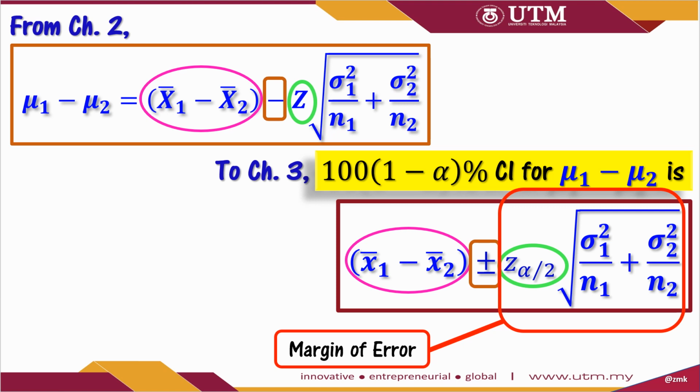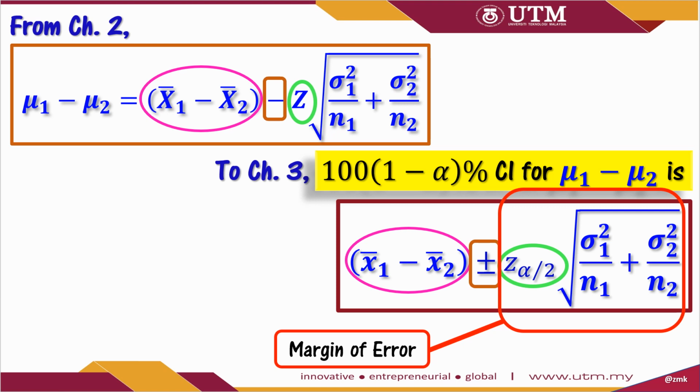We can find out what the margin of error is in constructing the two-sided 100 times 1 minus alpha % confidence interval for the difference between two unknown population means mu1 minus mu2 by multiplying the Z alpha over 2 score with the square root of sigma 1 squared over n1 plus sigma 2 squared over n2.